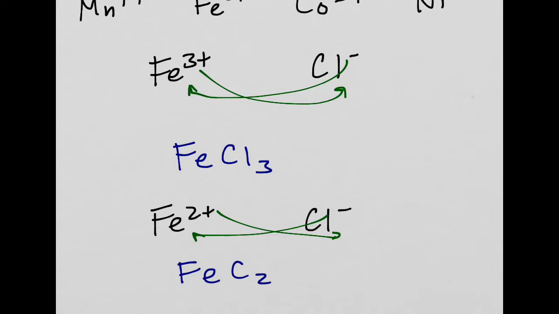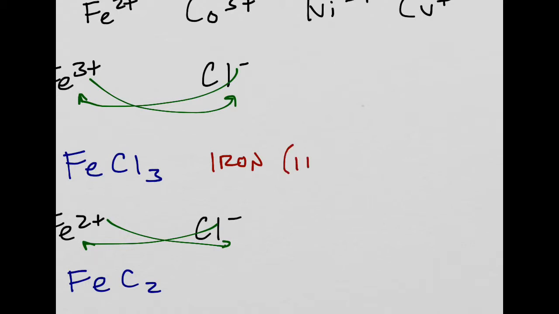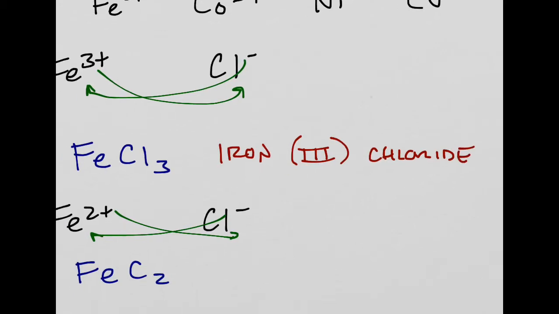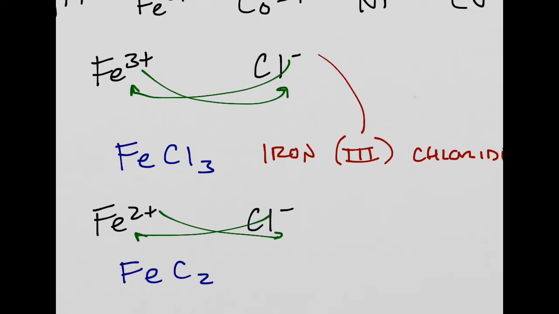So, to be sure that we can name these properly, we use Roman numerals. In this first case, it's going to be called iron(III) chloride. And the 3 obviously refers to the fact that we have a 3+ ion associated with this.